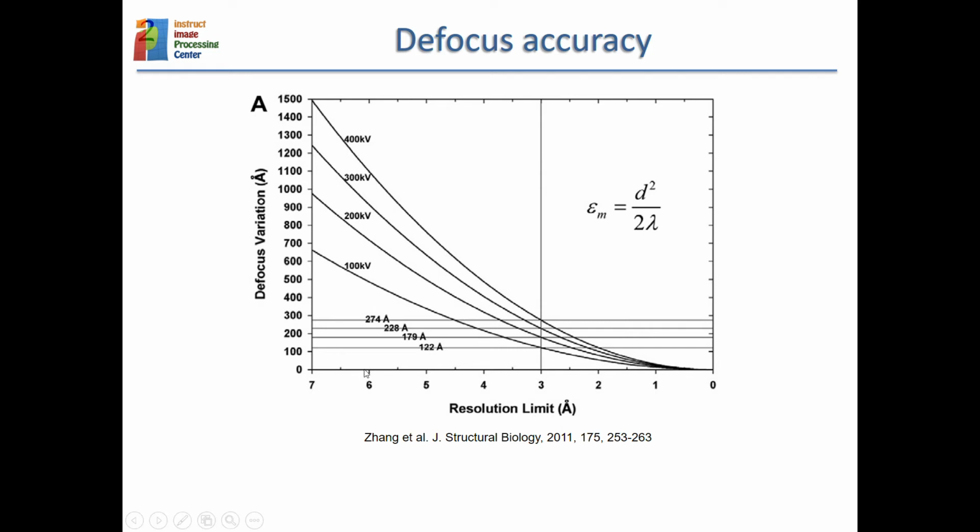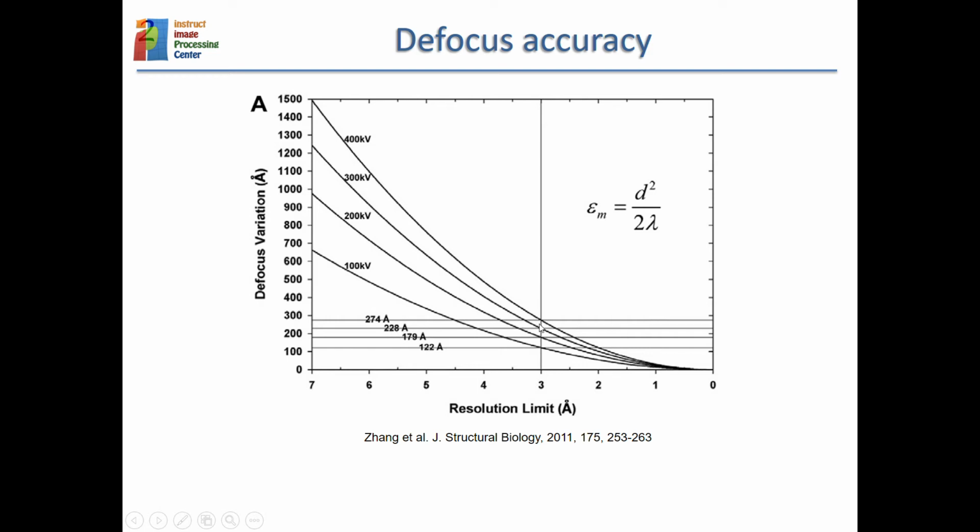And one of them that they reported was the accuracy in the determination of the defocus. So if you want to reach, for instance, a resolution of 3 angstroms and you're using a microscope of 200 kilovolts or 300 kilovolts, you need to estimate the defocus with an accuracy that is better than 179 angstroms or 200 angstroms.